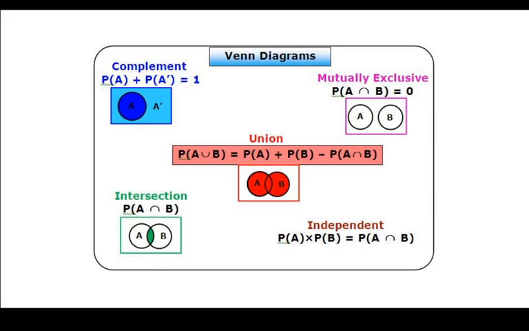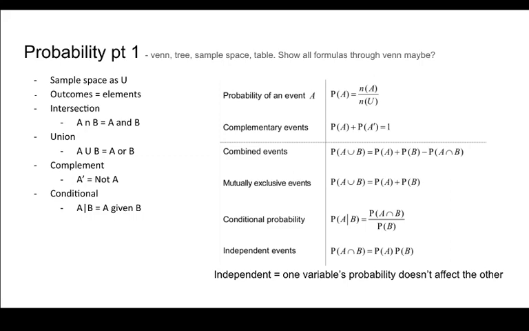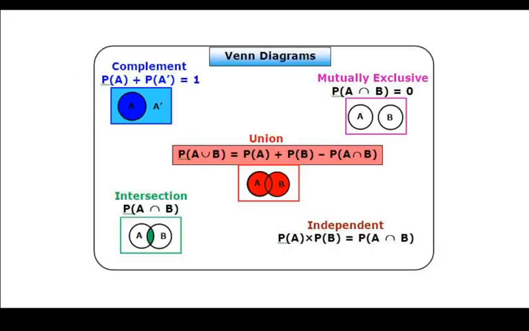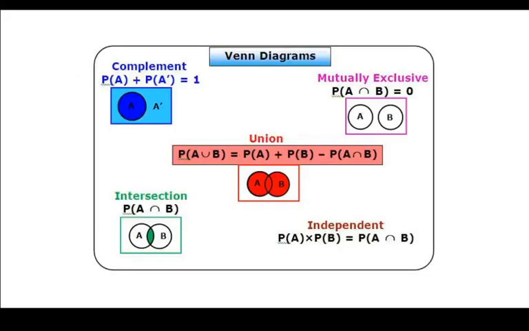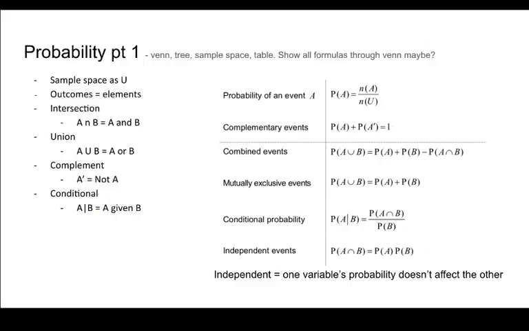And then also complement. Complement is the opposite of a certain event. Next, we also have independent. Independent is when one event doesn't affect the other event.